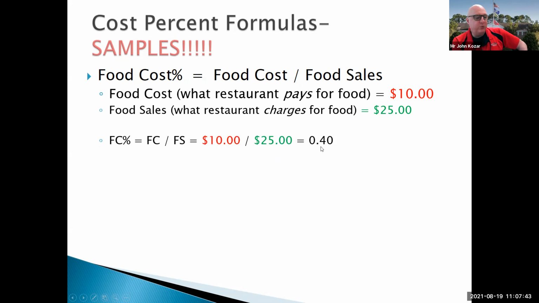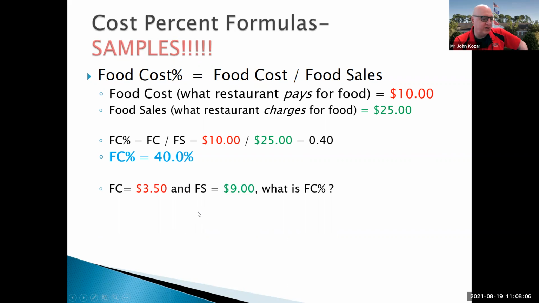That gets you 0.40. So what I want you to do in this class is convert that to a percent, so that the food cost percent is equal to 40.0%. And we want to round it to 1 decimal point.